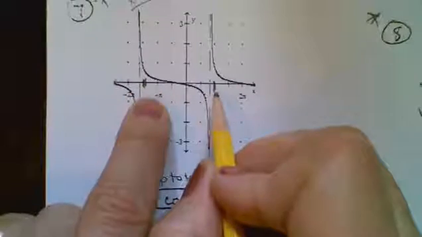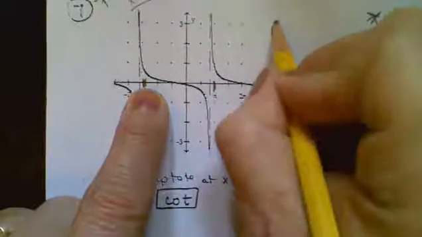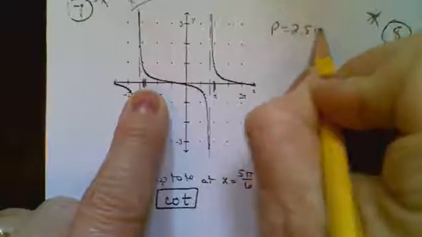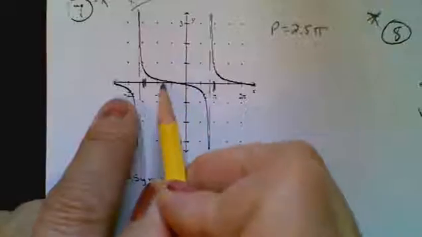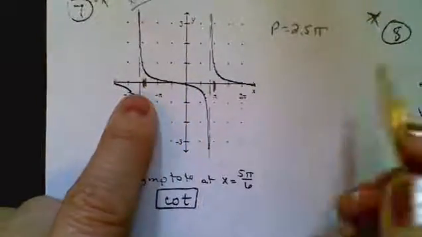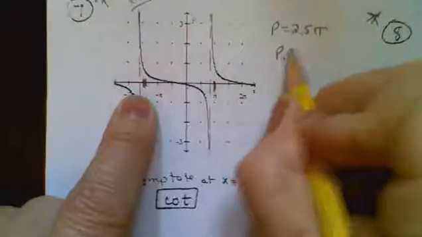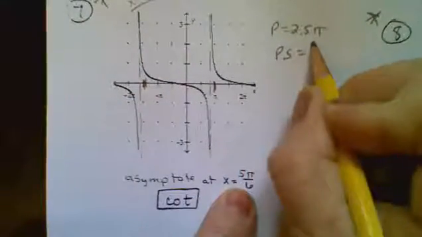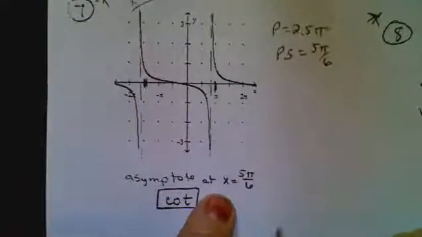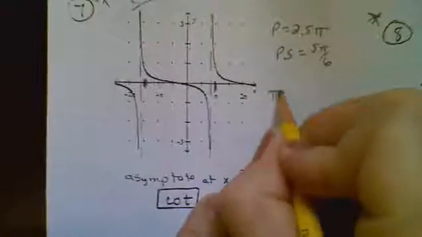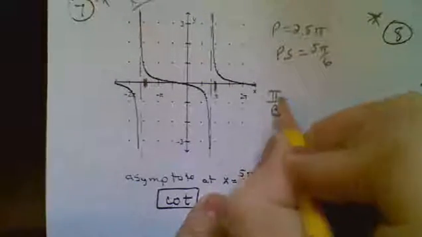So once you get that assumption in, you again look at what the period is. If those two things are equal, I just went from pi to 3 halves pi. So I said the period was 2.5 pi. So there's 1 pi to here, 2 pi, 2.5 pi was the period. The phase shift then would be, no matter how you looked at it, 5 pi over 6 from this piece of information. So then when you solve for b, you'd say, okay, pi over b, don't forget, because now the period is pi.